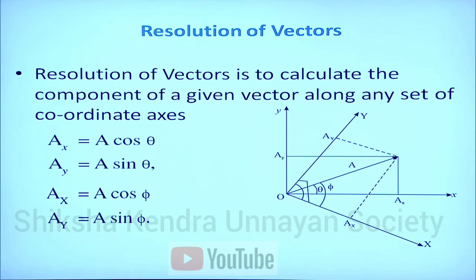Now, calculation of a vector from its components. If the components of a vector are given to you, you can calculate the vector whose components they are. You can calculate the vector A if Ax and Ay are given.